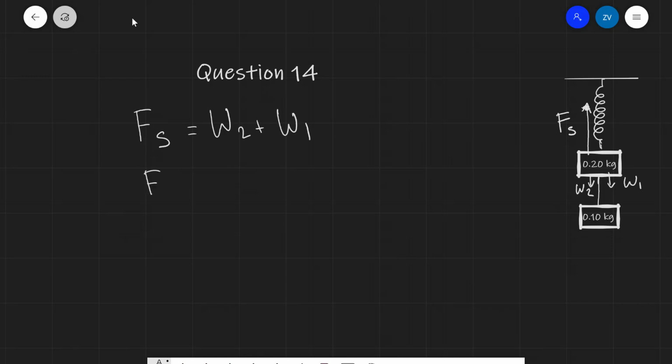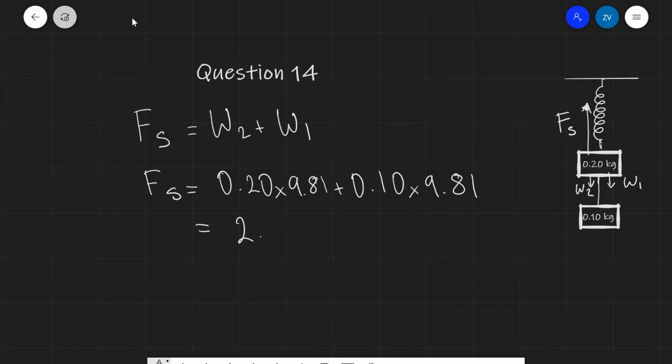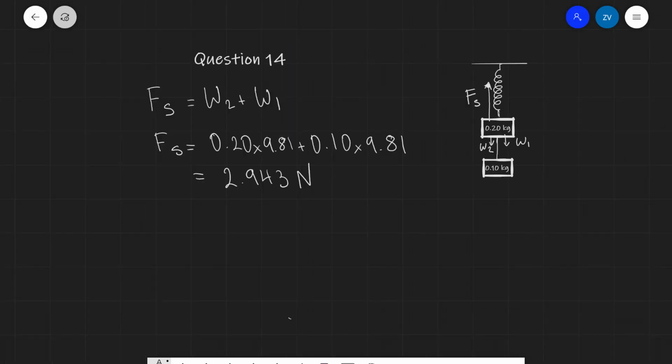So the force of the spring is going to have to equal 0.20 times 9.81 plus the other weight, which is 0.10 times 9.81. And if we were to add those in, we're going to get about 2.943 newtons.